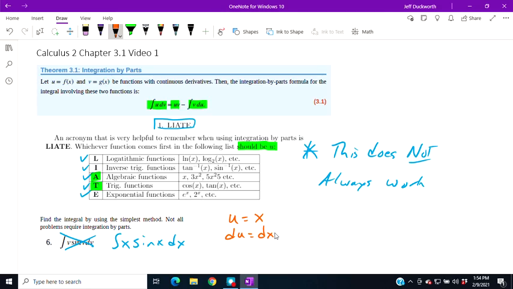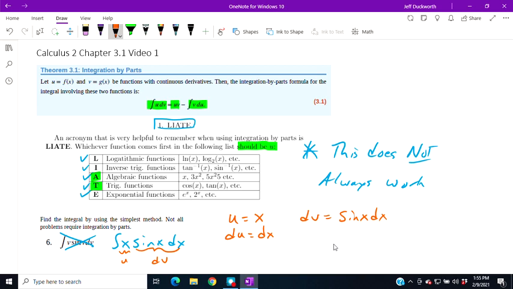Now, what makes this a little different from our typical substitution problem is that we have a dv that we begin with. We're making the dv equal the rest of it. So this part will be dv, and this part is our u. So dv is sine of x dx.